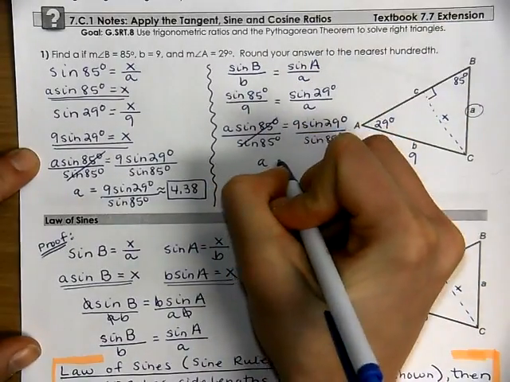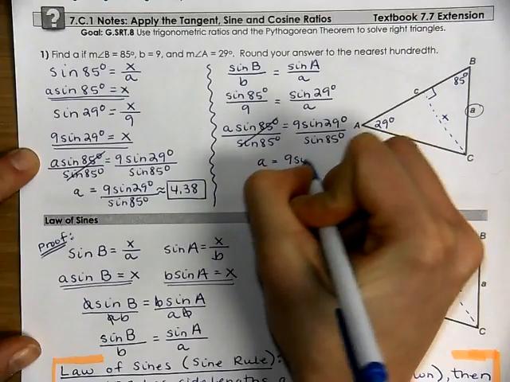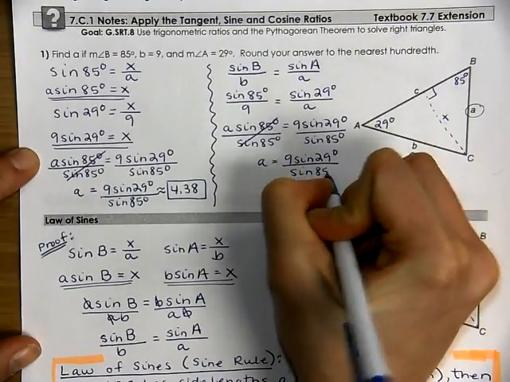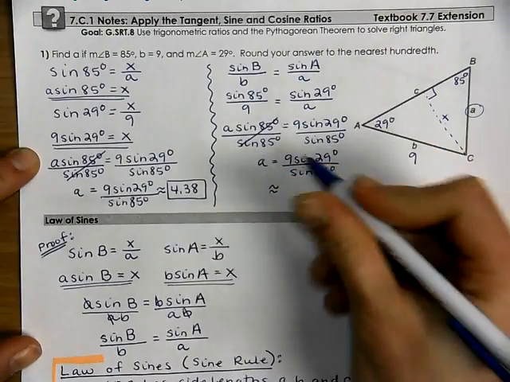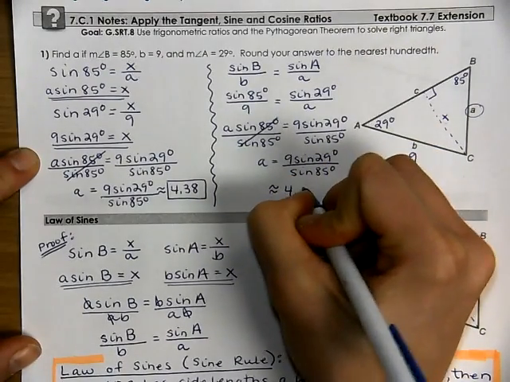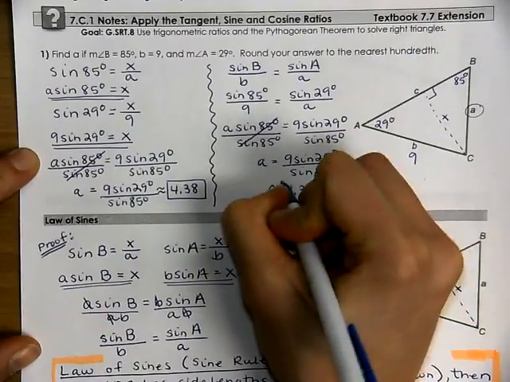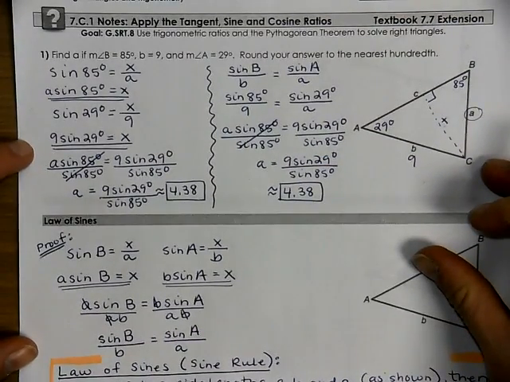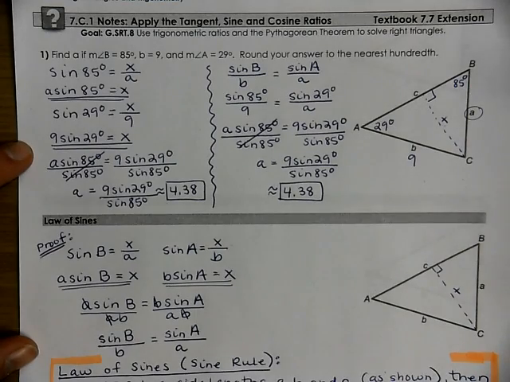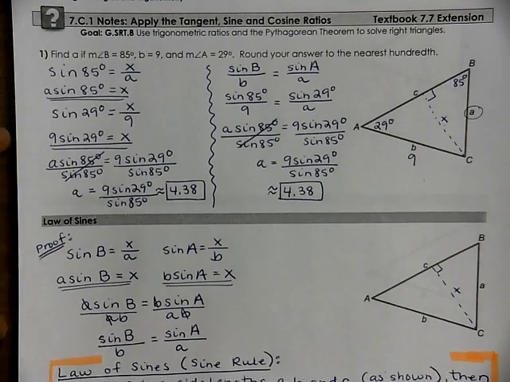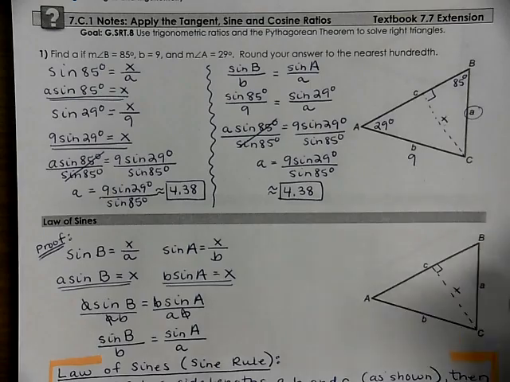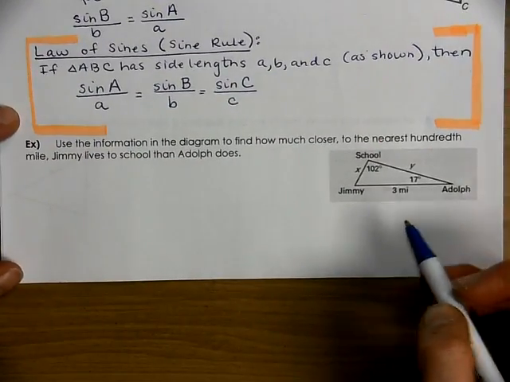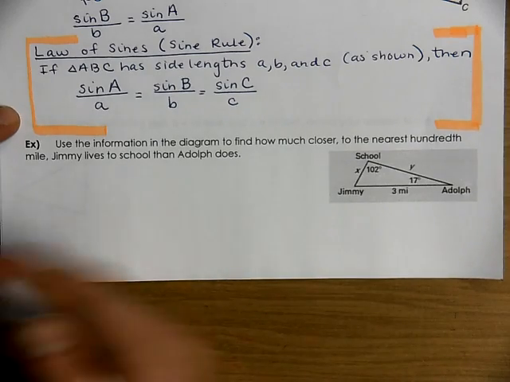And we will get a is equal to 9 sine of 29 degrees divided by sine of 85 degrees, which, if you put this in your calculator, is approximately 4.38. So that is how we can use law of sines to solve the same problem. Go ahead right now and use law of sines to do the next example.